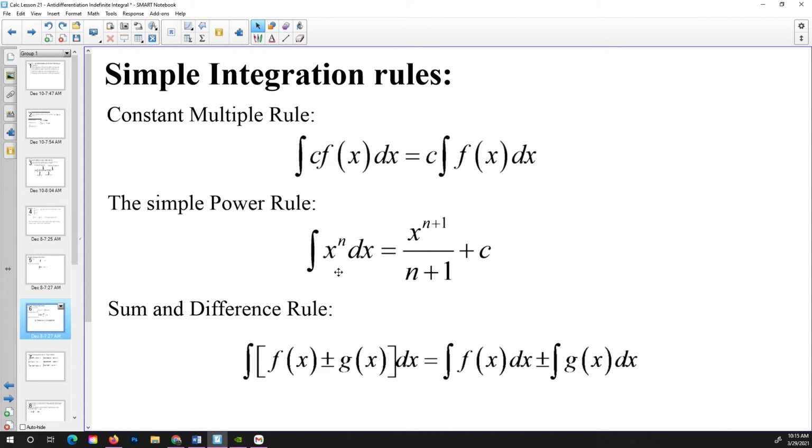In integration, you add 1 to the exponent and you divide the result by that new exponent, n plus 1. And again, we add the c. The sum and difference rules: if you take the integral of a sum or difference of two functions, you can separate that into the integral of the first function plus or minus the integral of the second function.